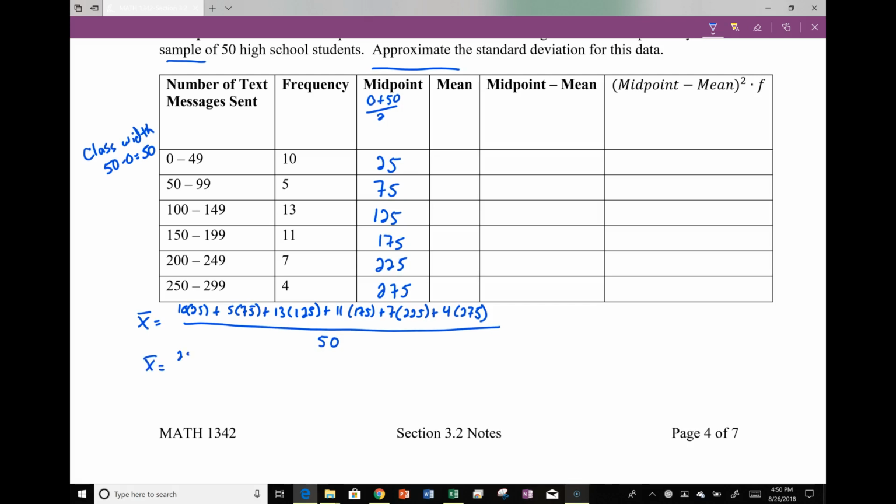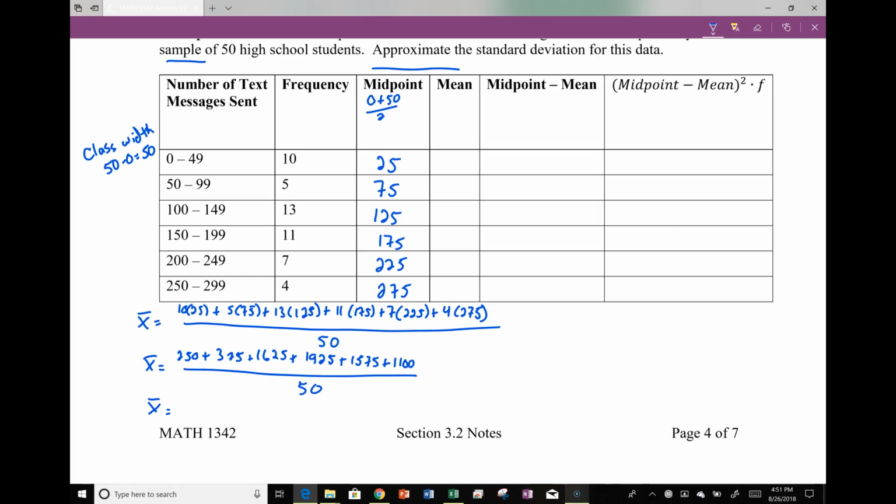So I'm going to get 250 plus 375 plus 1,625 plus 1,925 plus 1,575 plus 1,100, still divided by 50.